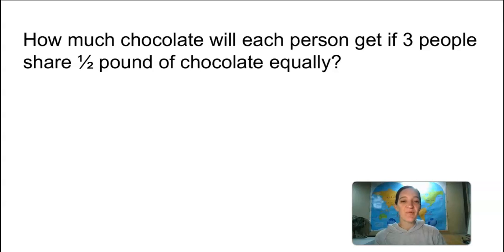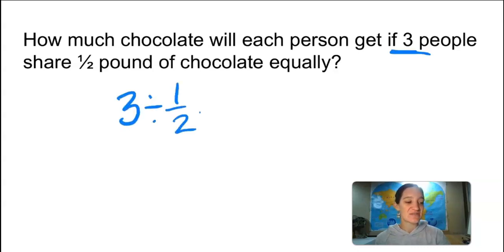So how much chocolate will each person get if 3 people share a half of a pound of chocolate equally? Let me show you a mistake that I have a lot of students make on this problem. They'll be like, all right, well, there's 3 divided into halves, okay? But here's what is happening when you go 3 divided by half.